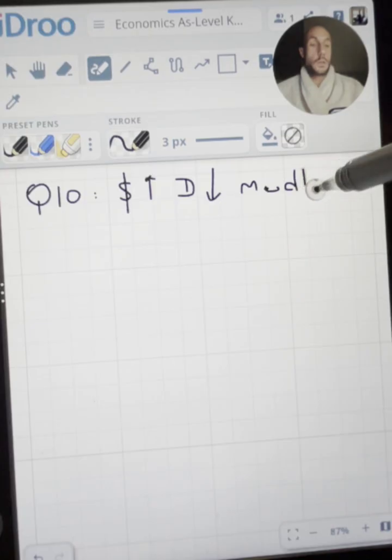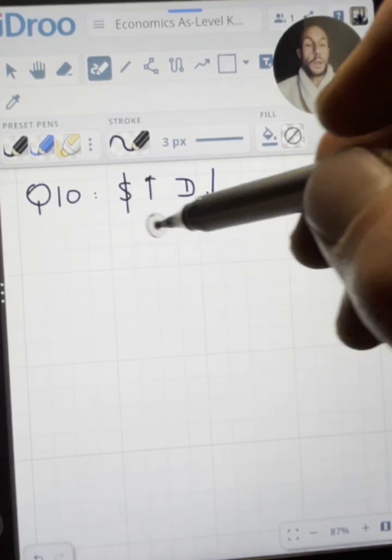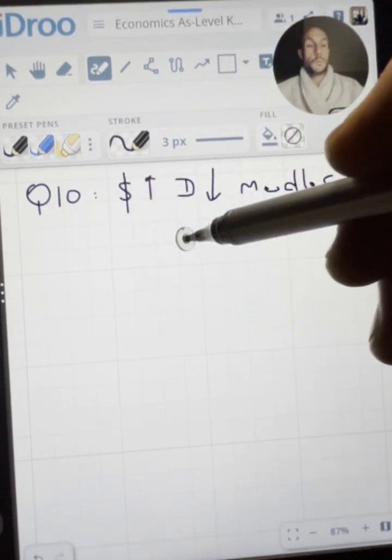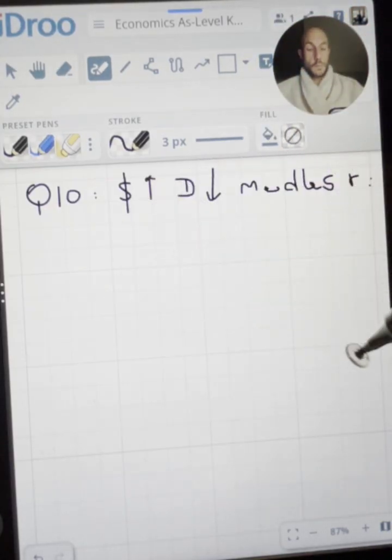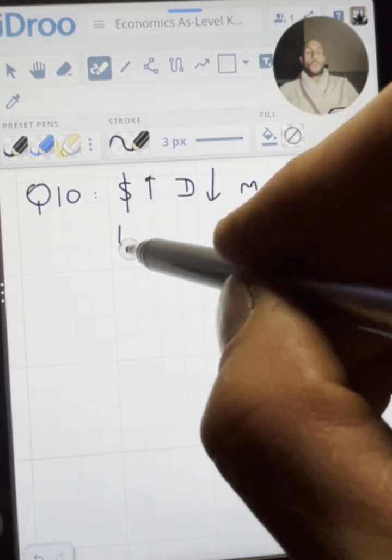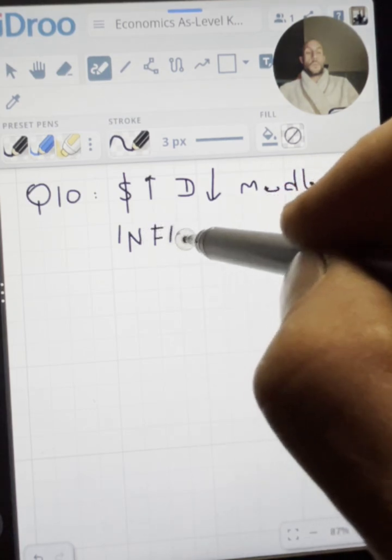Noodles: luxury, normal, inferior, given, complement. Instead of saying good one, they just gave us the name of the good, instant noodles. Income rises, demand falls. That could be inferior or normal good.